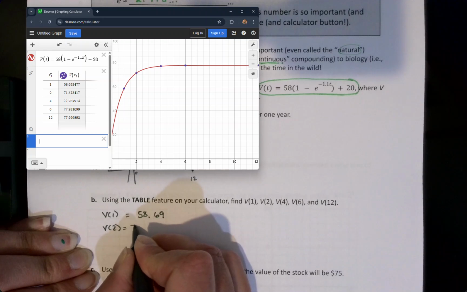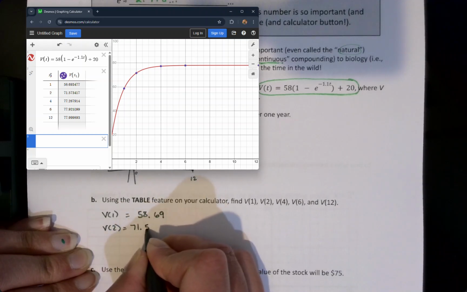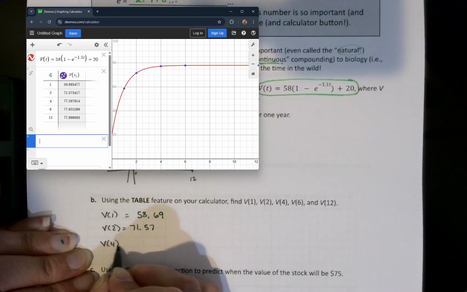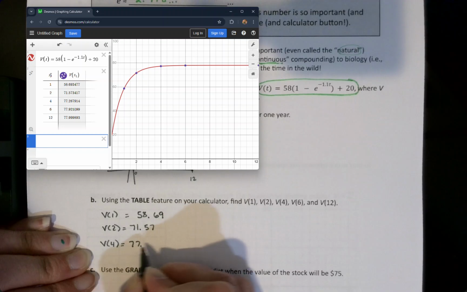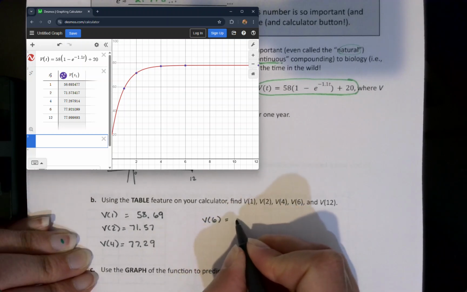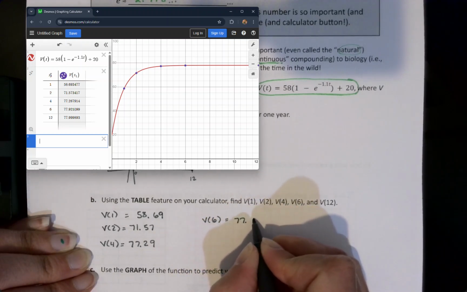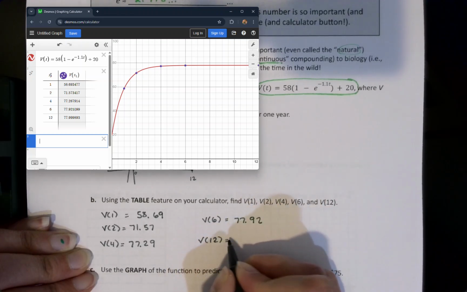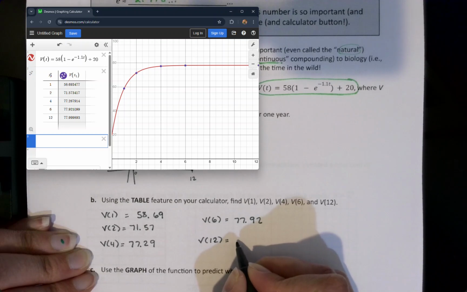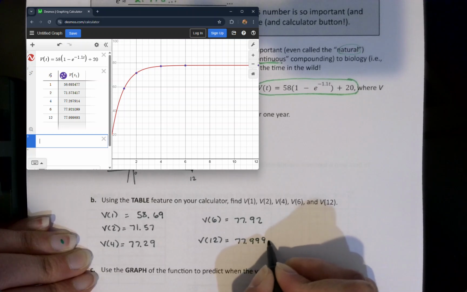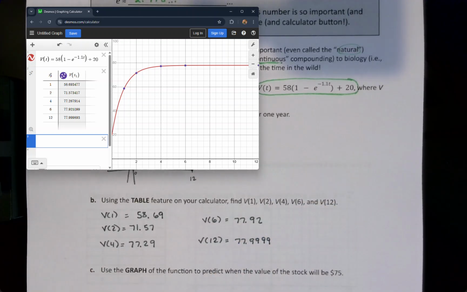V of 2 would be 71.57, value after 2 months. V of 4, the value is 77.29 after 4 months. V of 6, the value is $77.92 after 6 months. And V of 12 is $77.9999 after 12 months.